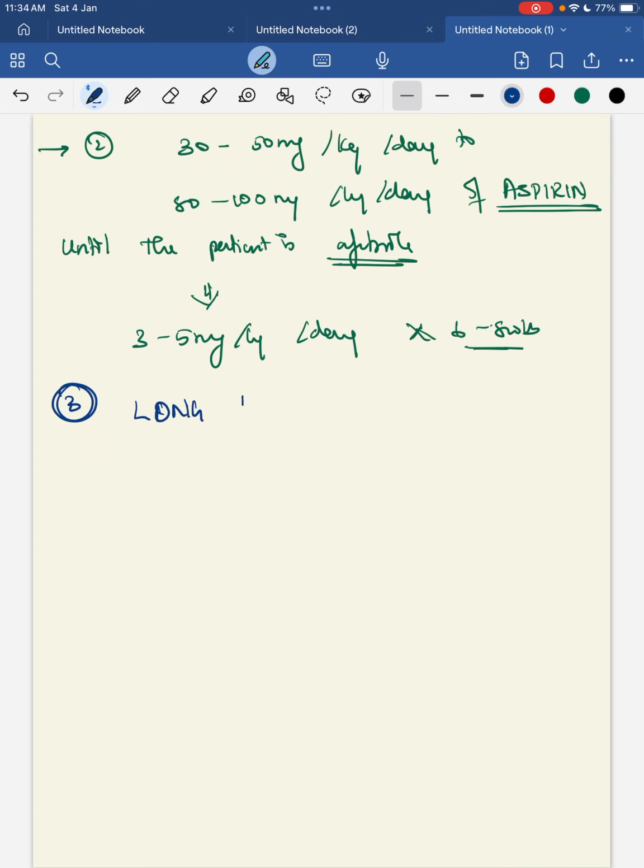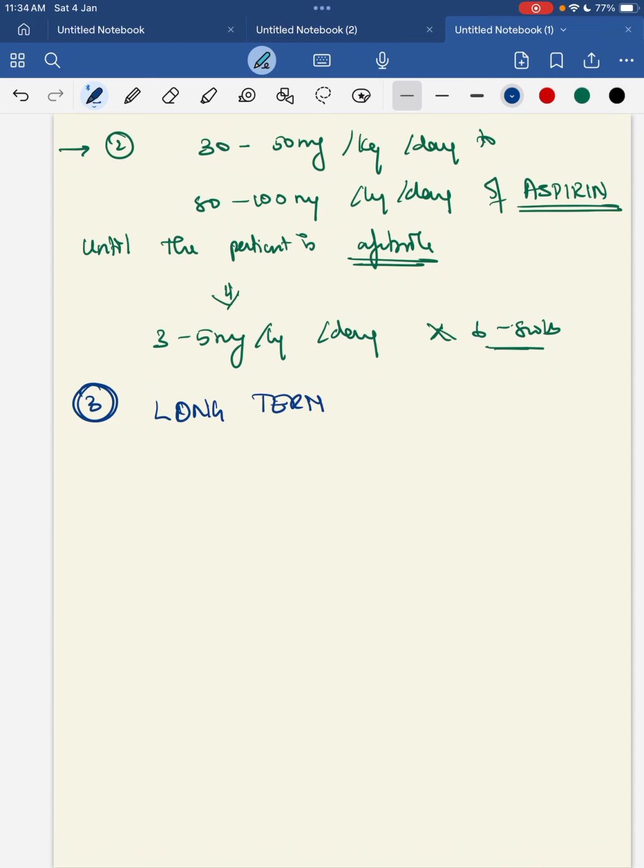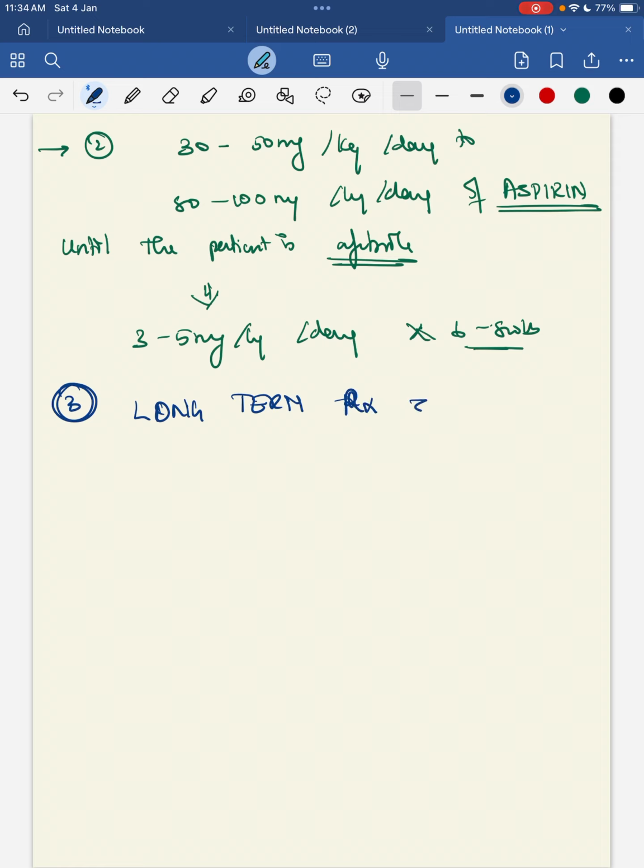Next, if the child has IVIG resistance. So what is the meaning of IVIG resistant?